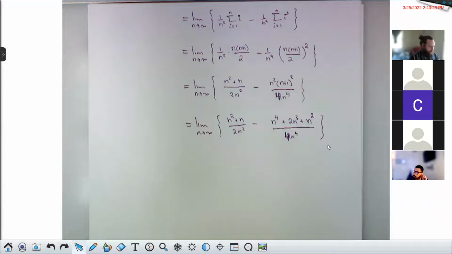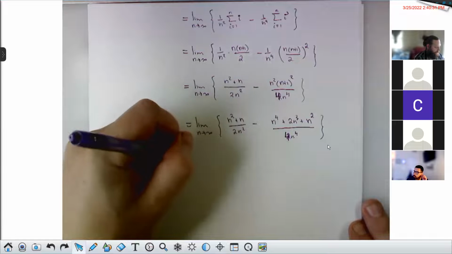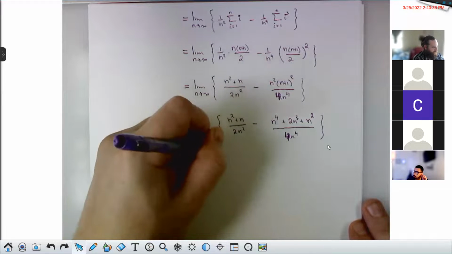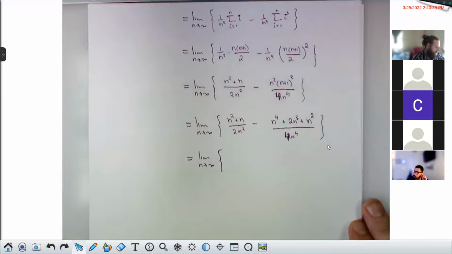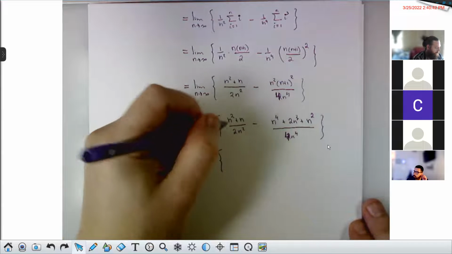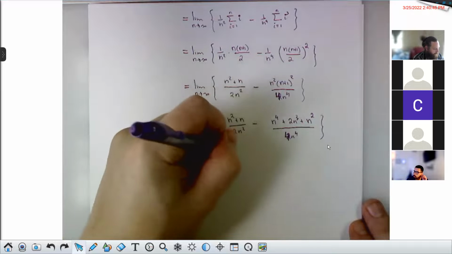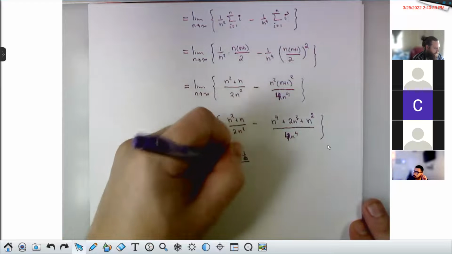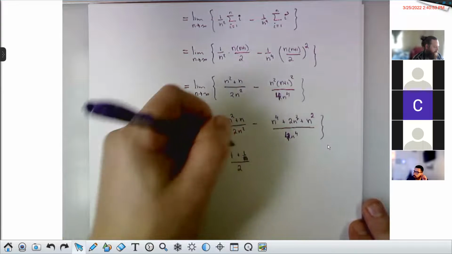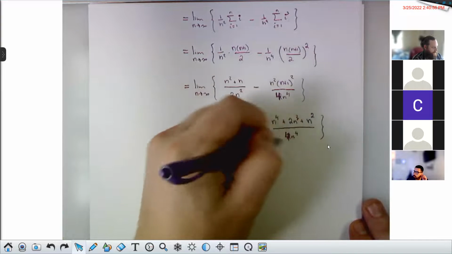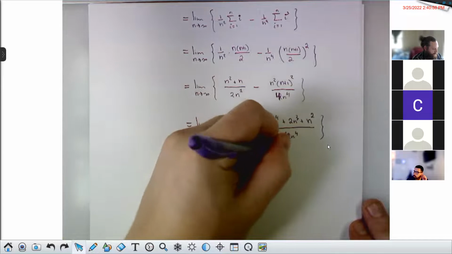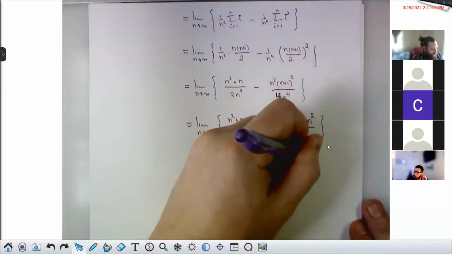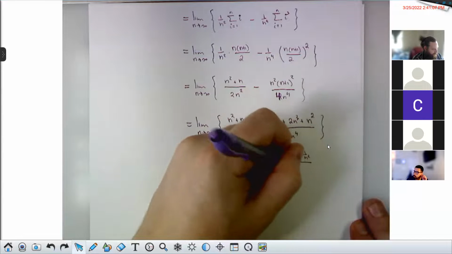We can use that in both of these. The trick we called renormalization. It's equivalent to splitting up each fraction because each fraction just has a single term downstairs. If I divide the top and bottom by n squared here, I'll get 1 plus 1 over n divided by 2, minus, if I divide top and bottom by n to the 4 here, I'll get 1 plus 2 over n plus 1 over n squared divided by 4.